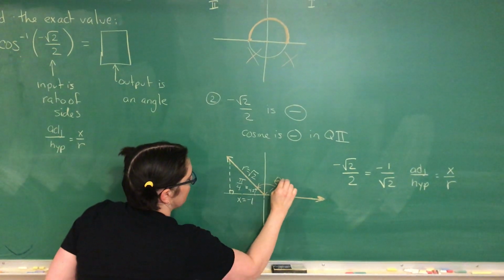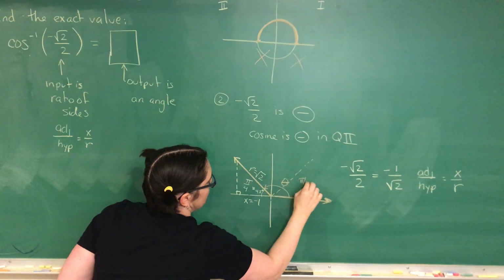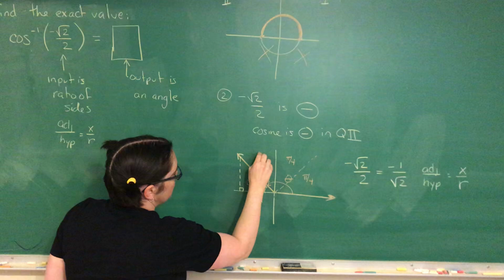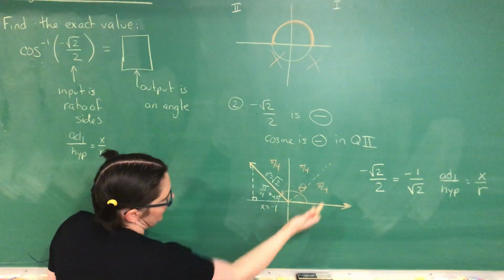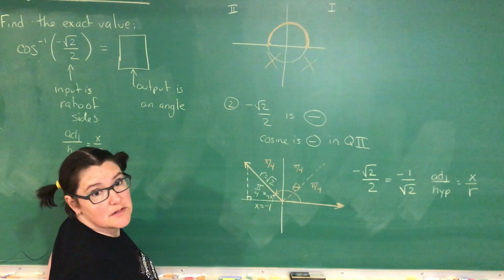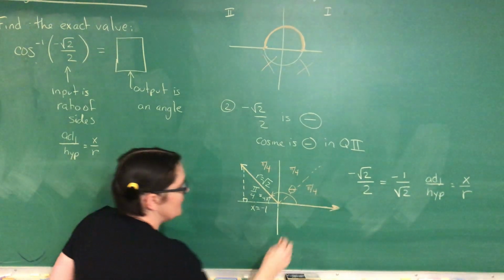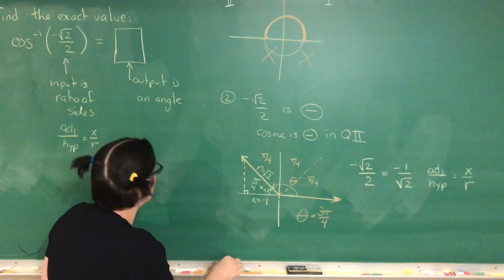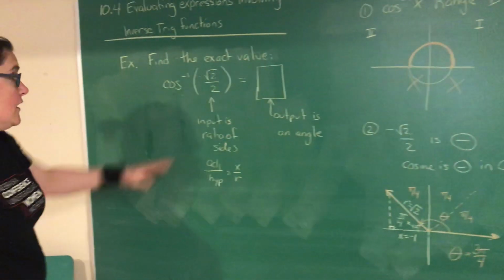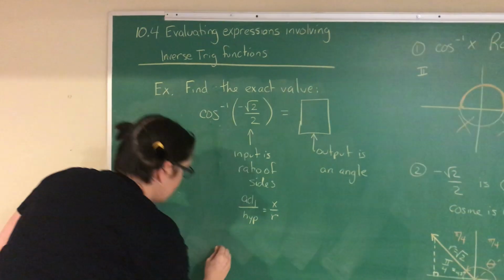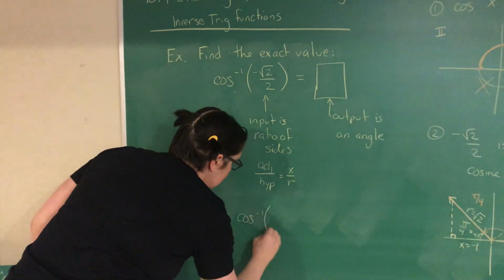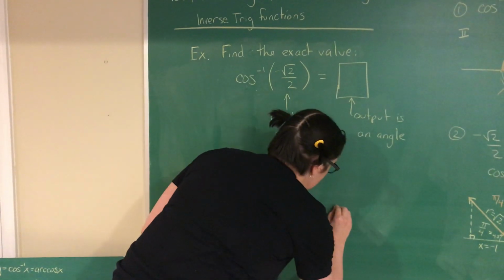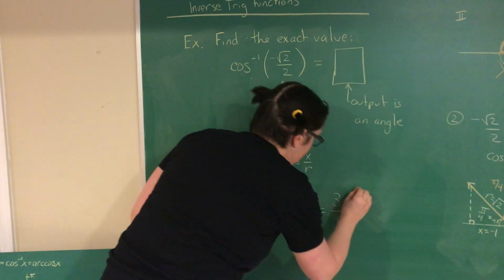So I'd have 1 block of pi over 4, 2 blocks of pi over 4, 3 blocks of pi over 4, and that gets me to the terminal side. So that tells me that our angle theta is 3 pi over 4. Our final answer is that inverse cosine of negative root 2 over 2 is equal to 3 pi over 4.